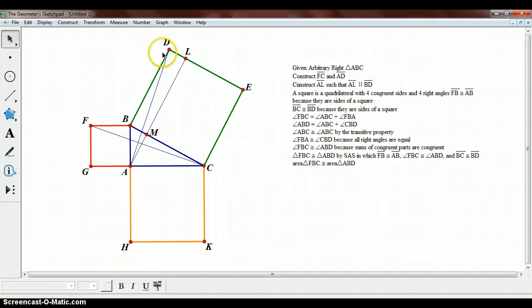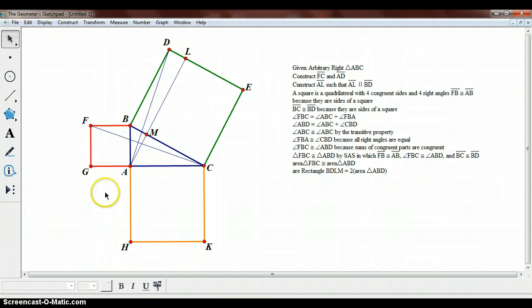This triangle and this rectangle share the same base in BD, and because they are parallel lines, we know that they have the same height in either BM or DL. Therefore, the area of triangle ABD is equal to 1/2 of the rectangle DBML.